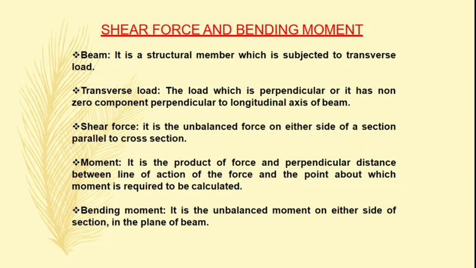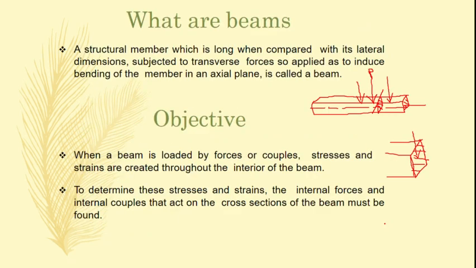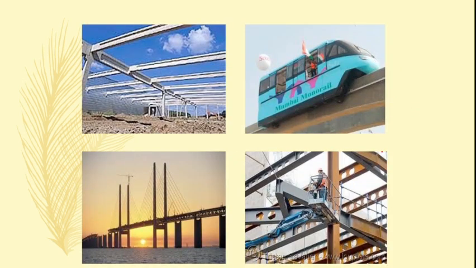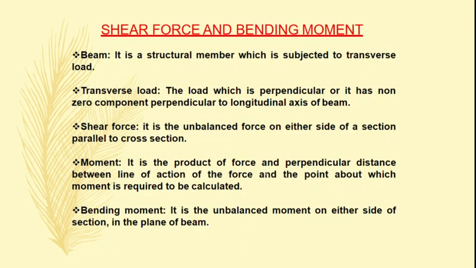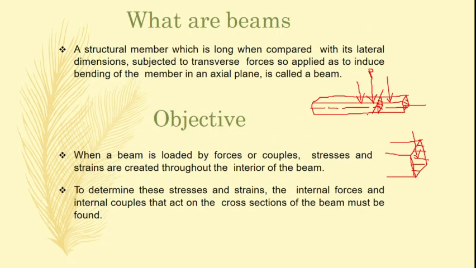It is the unbalanced moment on either side of the section in the plane of the beam. When you consider a beam, suppose in our previous diagram we consider this section, then if we calculate the moment on each side of this section, it is a bending moment. It is unbalanced moment, because if we apply a force here, this beam tends to bend.